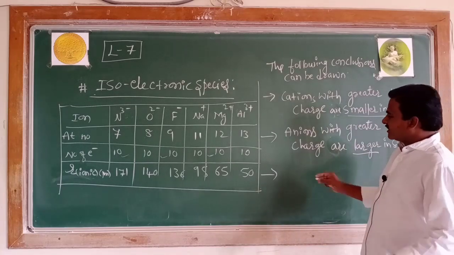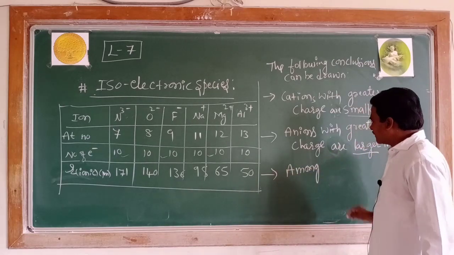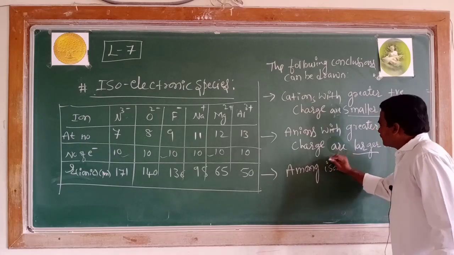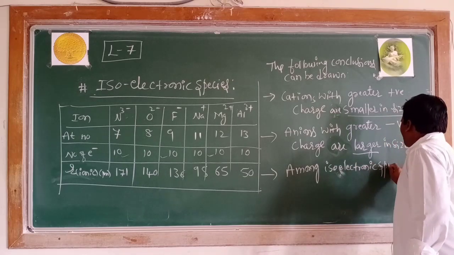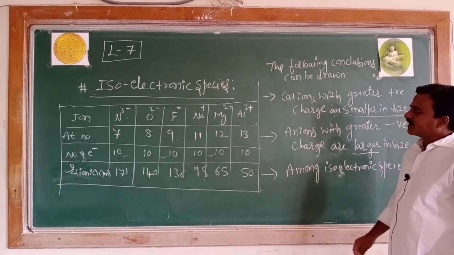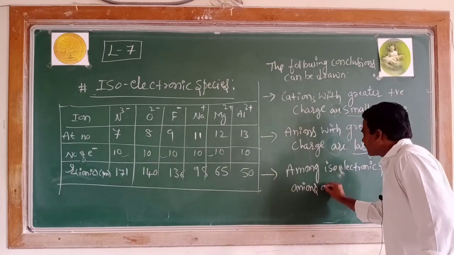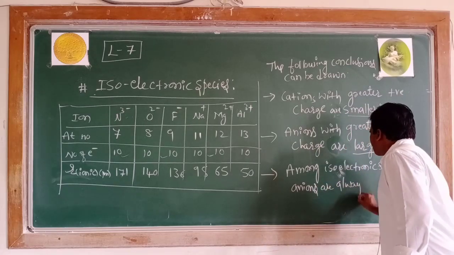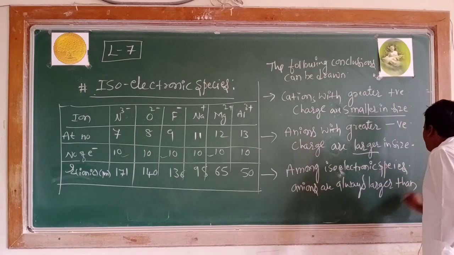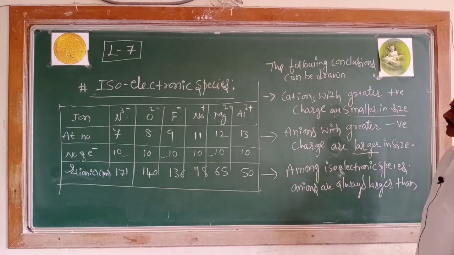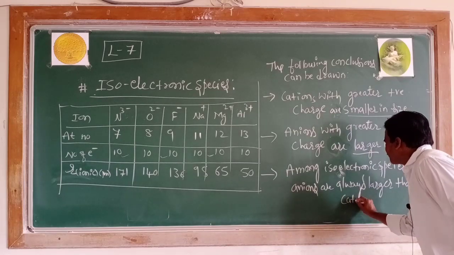Third conclusion: among isoelectronic species, anions are larger than cations.